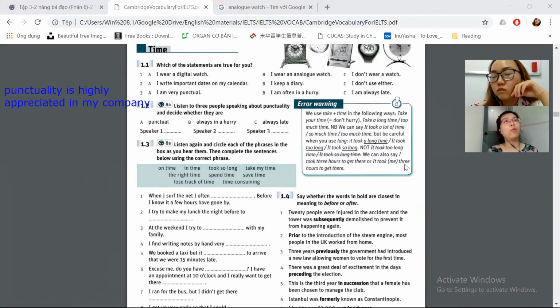I moved to my apartment 2 years ago. So you've been living there for 2 years? Yeah, 2 years.